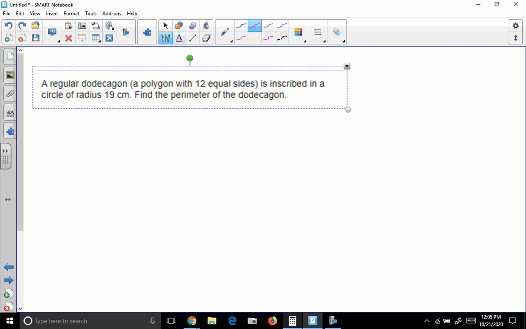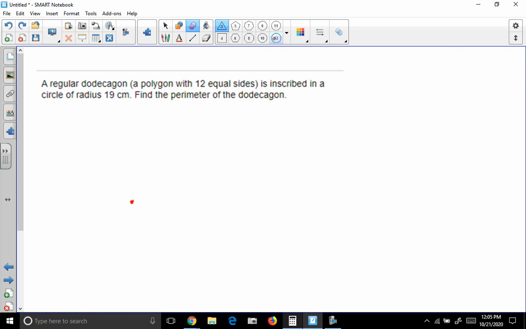All right, the next one, we have a 12-sided polygon that's inside a circle. So let's see, I think this program will let me draw this. All right, here's a 12-sided figure.